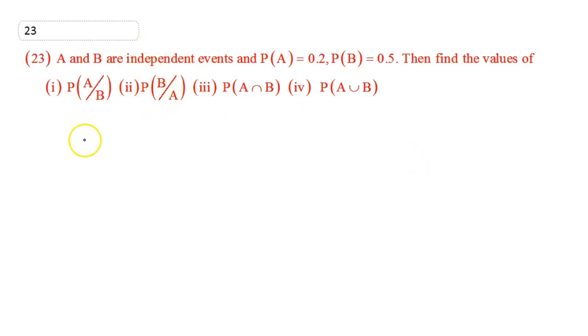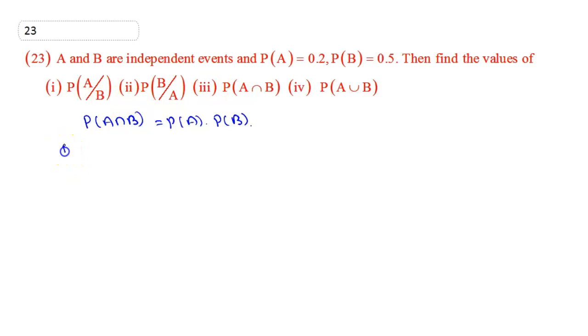So here, independent in the sense P of A intersection B is equal to P of A into P of B. This one we need to remember when we are observing independent events. Okay, and P of A is given by 0.2 and P of B is given by 0.5.